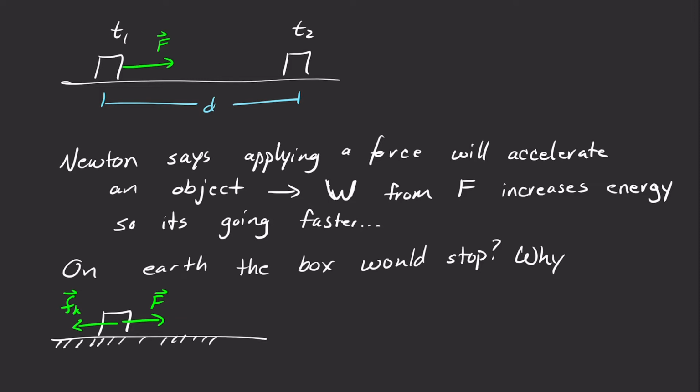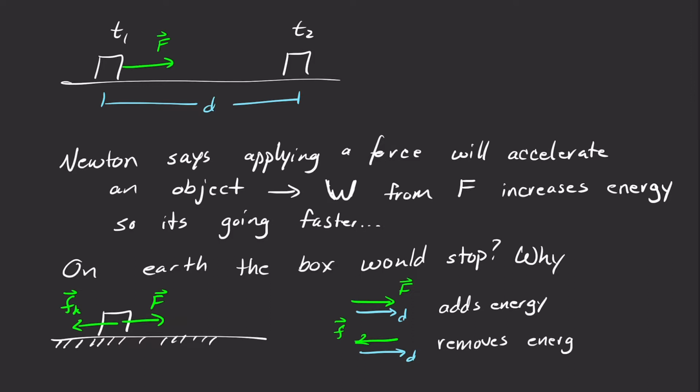So we do have this force that's in the same direction as the displacement, and so this adds energy to the system. But we also have friction that's acting in the opposite direction of the displacement. And so at the same time as this object's moving, it may have energy that is removed. So friction removes energy from the system.